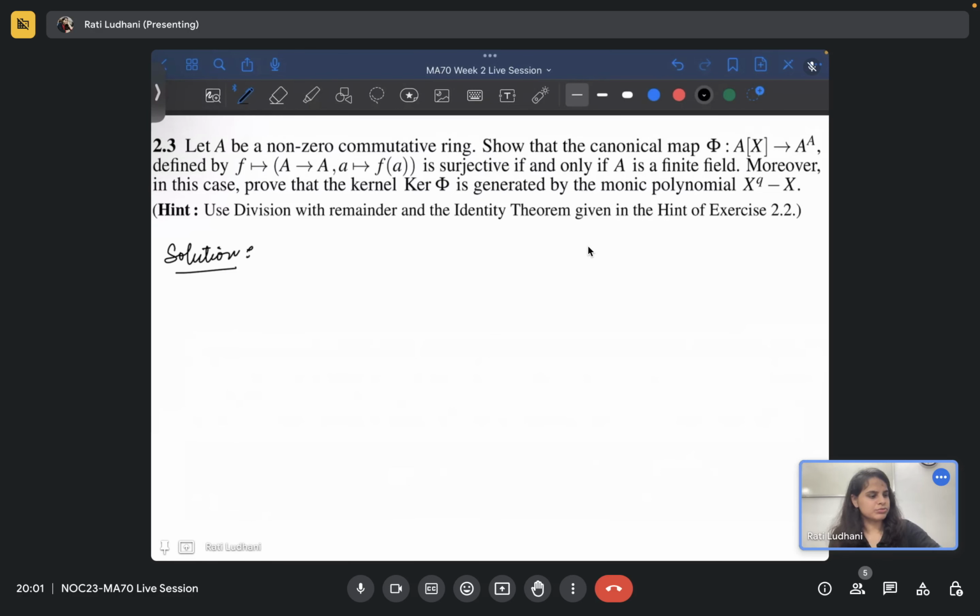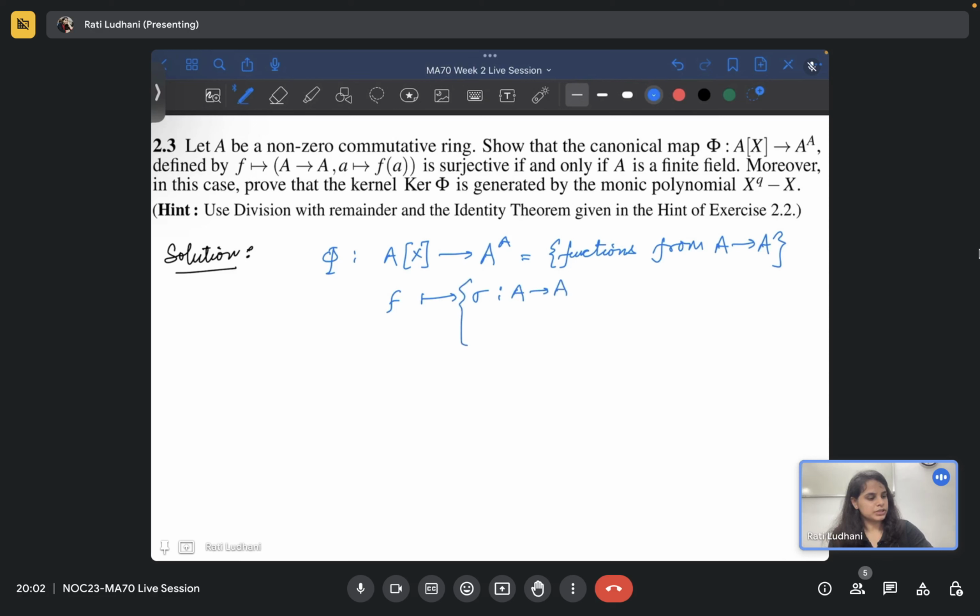So basically it says if you have phi from A[x] to the set of functions from A to A, f goes to sigma, where sigma is a function from A to A such that a goes to f(a).